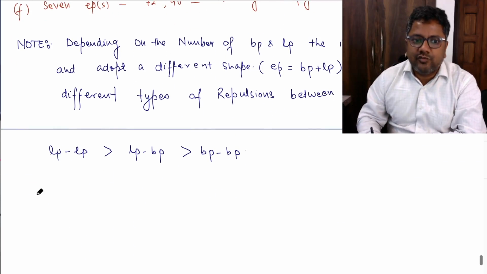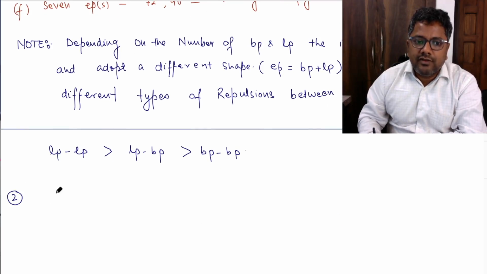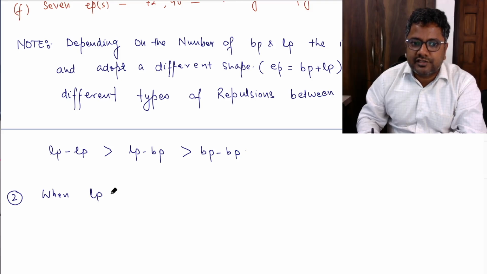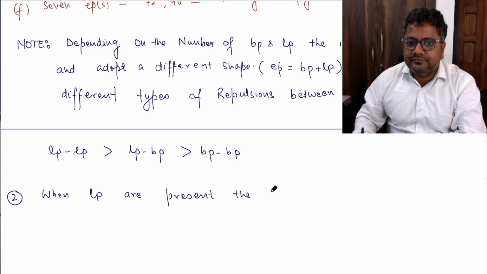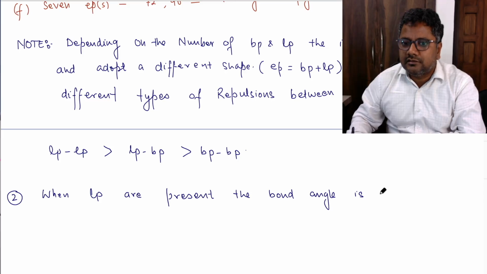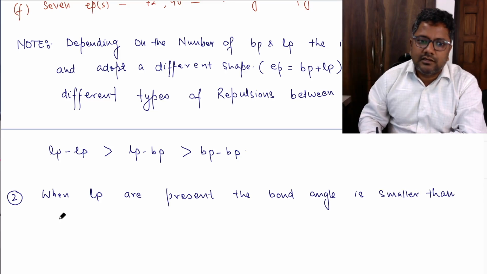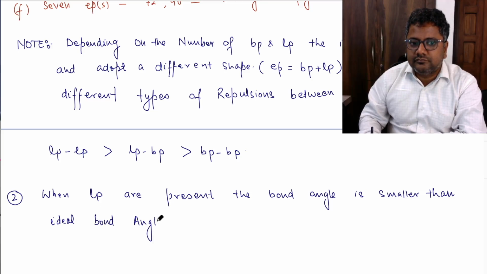And the next point we can say: when lone pairs are present, the bond angle is smaller than the ideal bond angle, right?